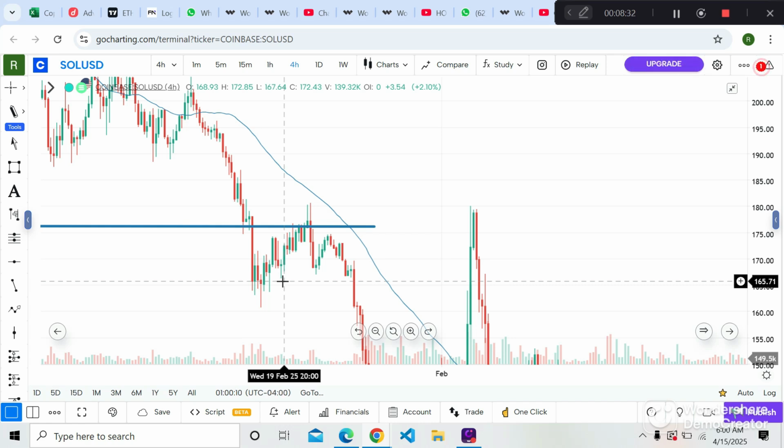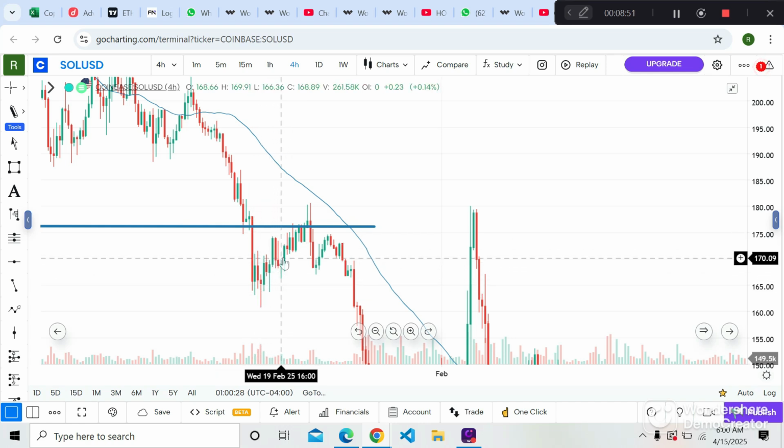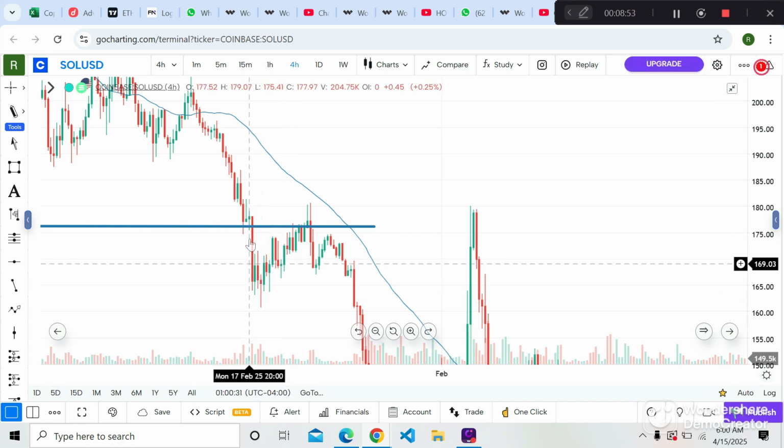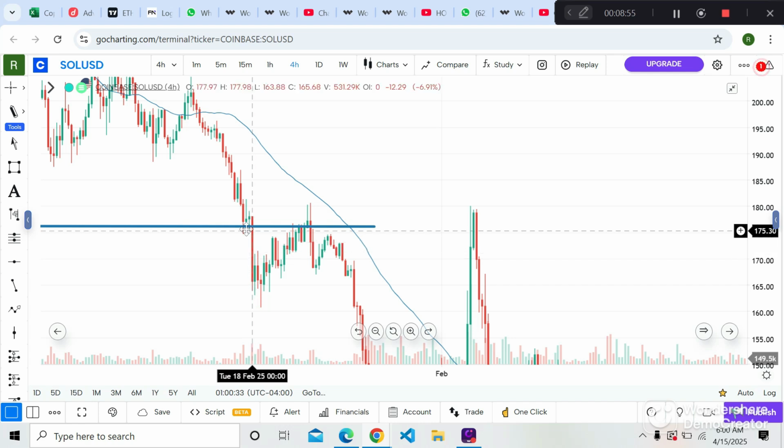You understand? Because the banks need to enter the market in areas where there is large liquidity. So when you see a breakout like this, it further confirms the scenario of what you are looking for.